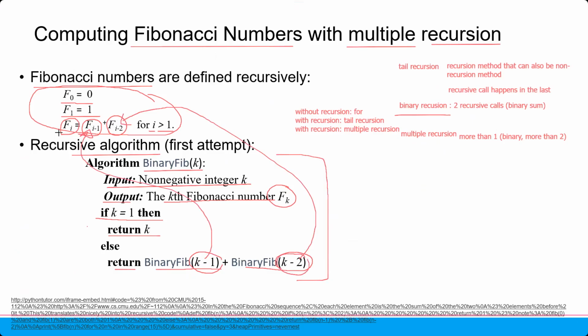So based on this formula, it seems good because it should be Fi minus 1 plus Fi minus 2. But actually this one is computationally expensive. Why?